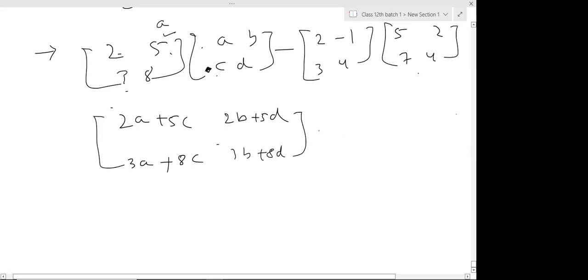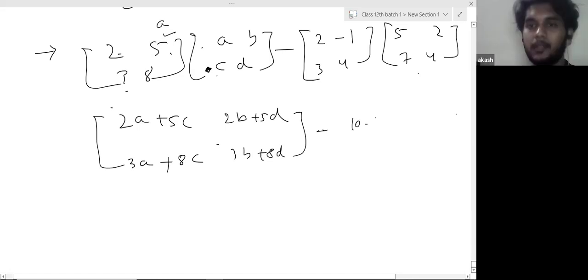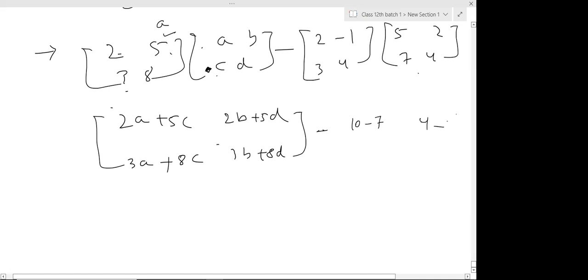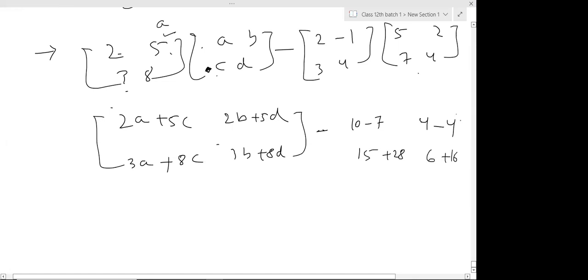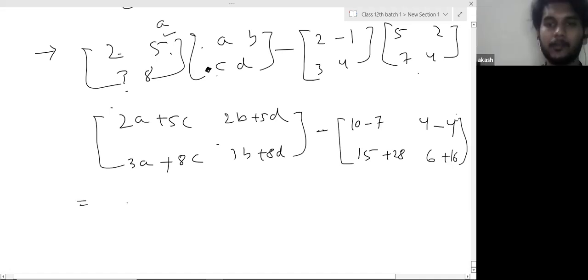Now this is 10 minus 7, and this is 4 minus 4, and this is 15 plus 28, and 6 plus 16. All right, so let's solve this further.